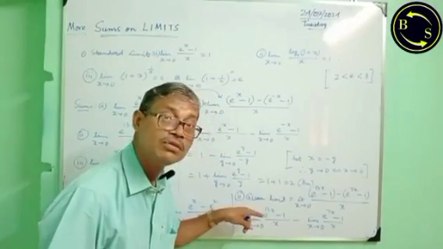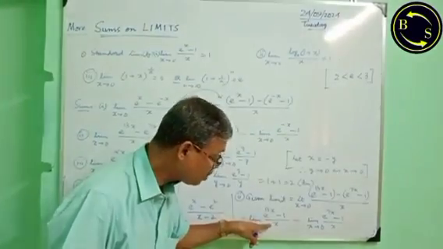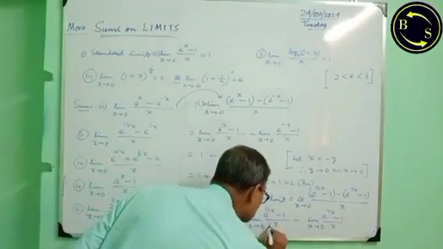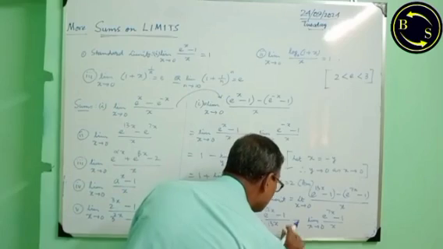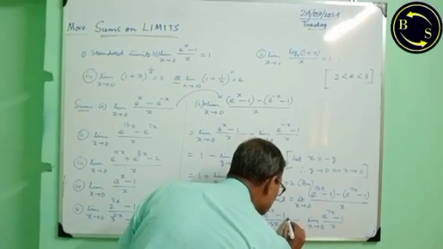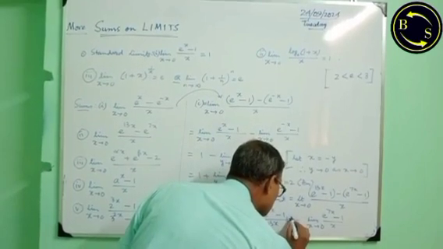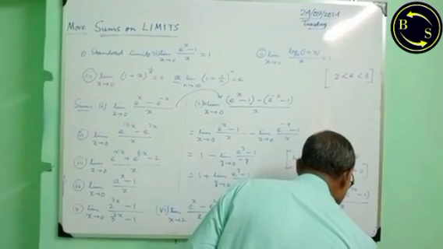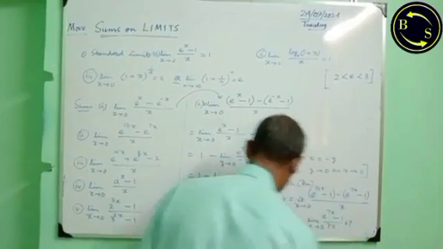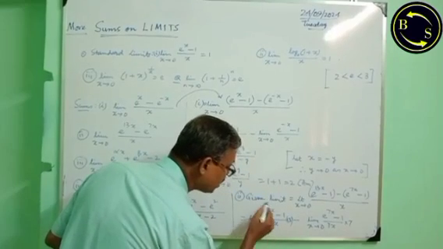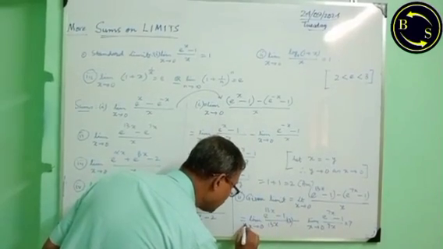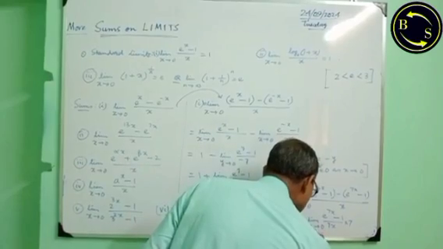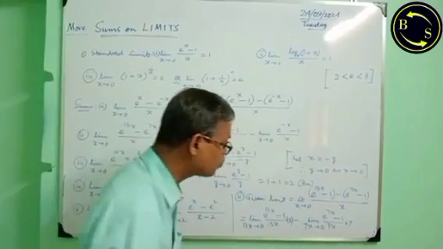We can do now by writing 13 here into 13, and here 7x into 7, and 13x is there. Therefore, we have to write here 13x tends to 0. In this case, 7x tends to 0.